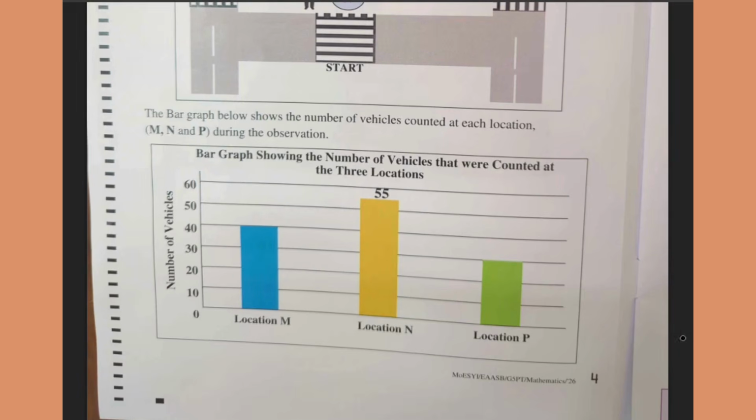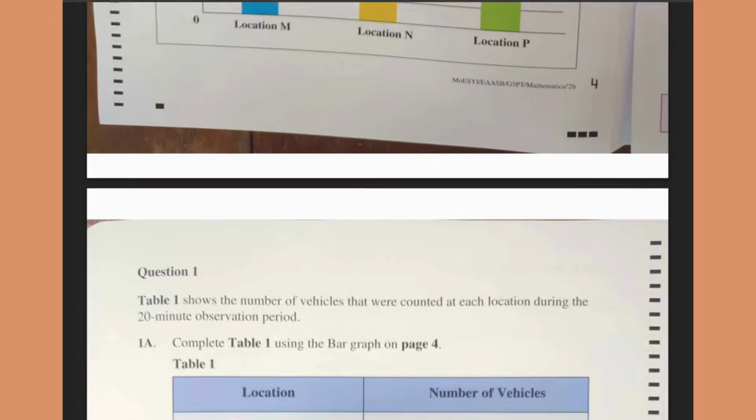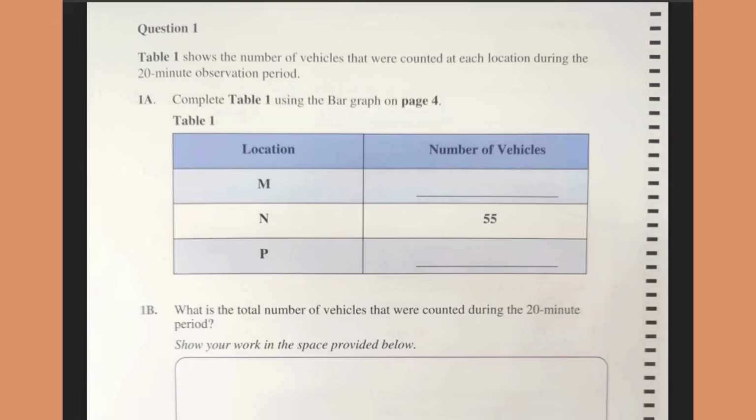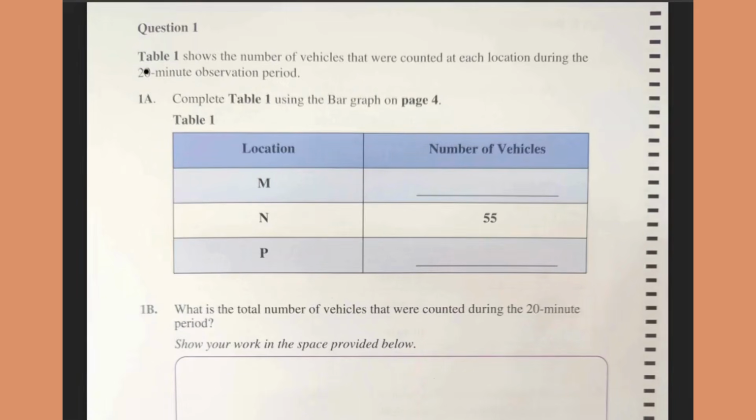So let us proceed to question 1. Question 1 says, Table 1 shows the number of vehicles that were counted at each location during the 20-minute observation period. 1A, complete Table 1 using the bar graph on page 4.